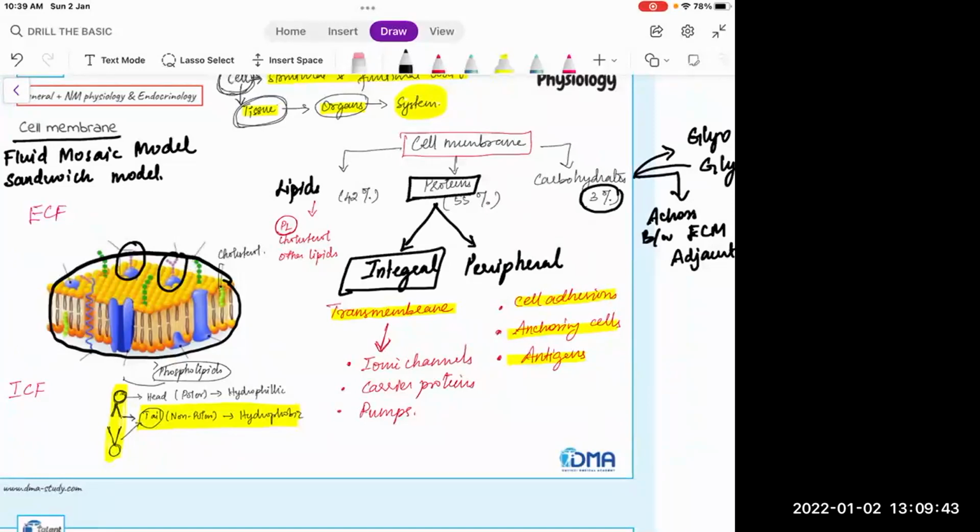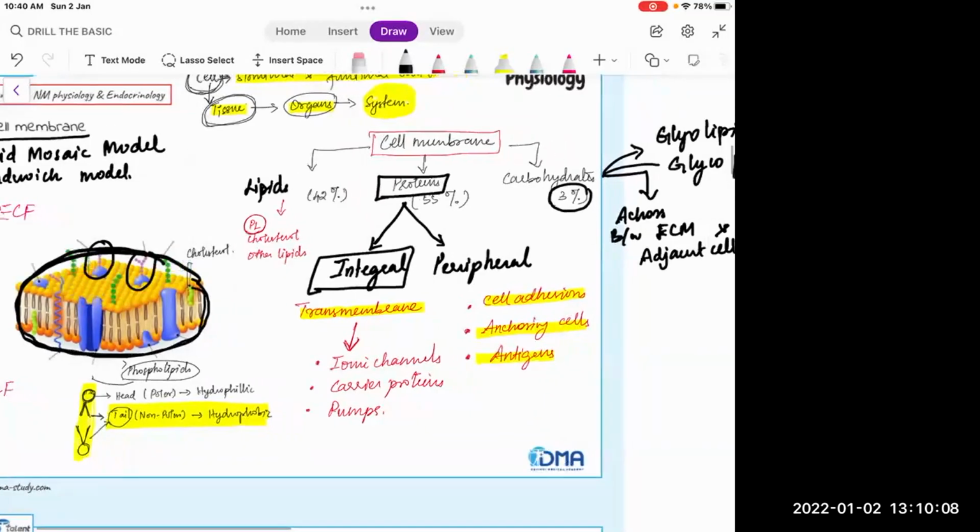And in the same way, the proteins are not present throughout the entire cell membrane. You have the integral proteins, peripheral proteins here and there. So this will also not give stability to the structure of the cell membrane. Whereas when the glycocalyx is formed, it wraps the entire structure of the cell membrane, and it maintains the stability.